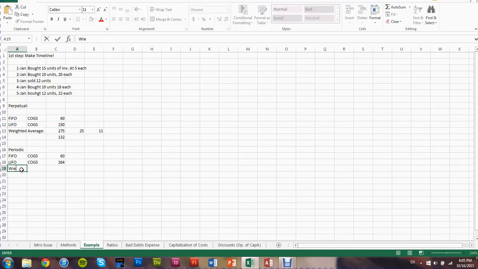And then weighted average means that we have to do this for everything. So 15 times 5 plus 10 times 20 plus 10 times 18 plus 12 times 22, and then 15 plus 10 plus 10 plus 12, number of units.